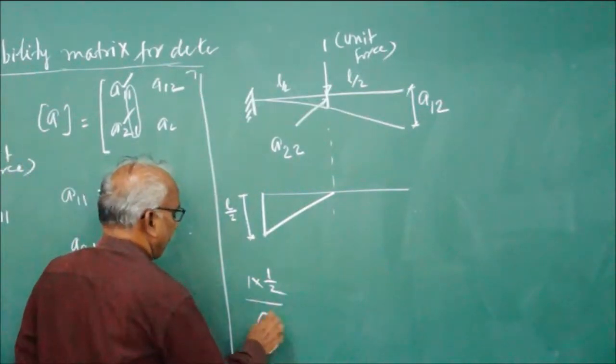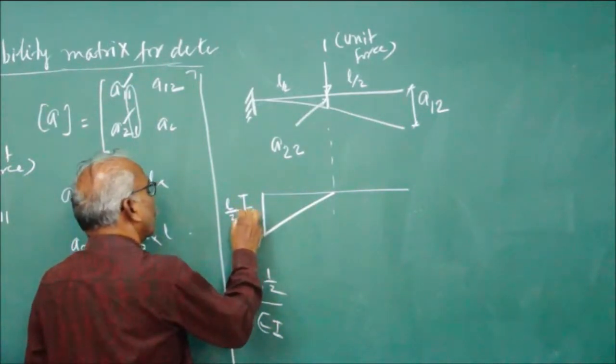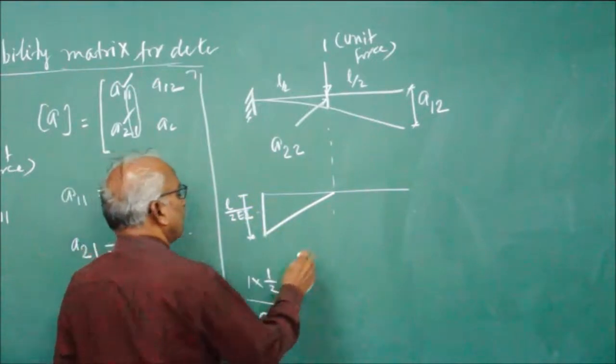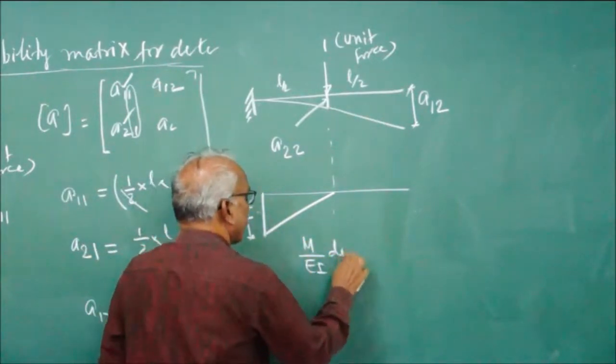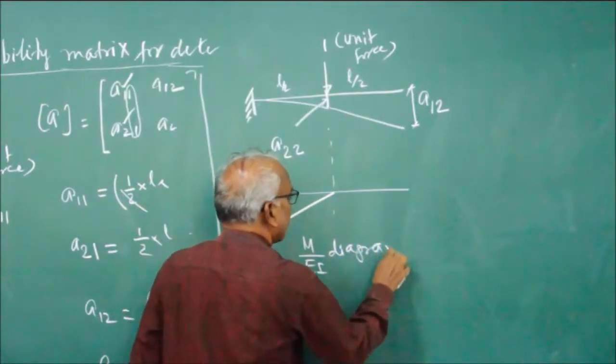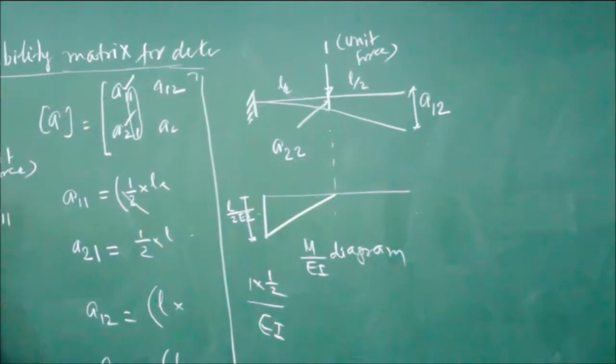Then the M by EI diagram will be L by 2 EI.